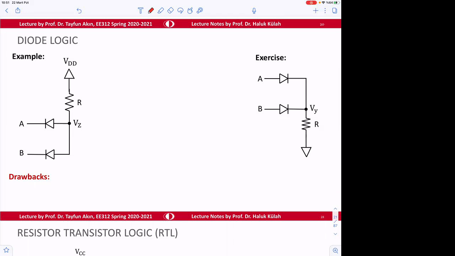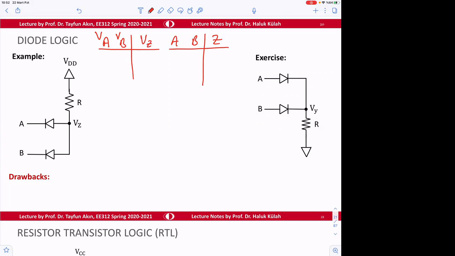So if the A input and B input and then Z output, okay? So we can either write it like this as a logic or as a voltage, okay? So let me do it first, A, B, and Z, logic-wise. Let's call this thing VA, VB, and VZ, okay?